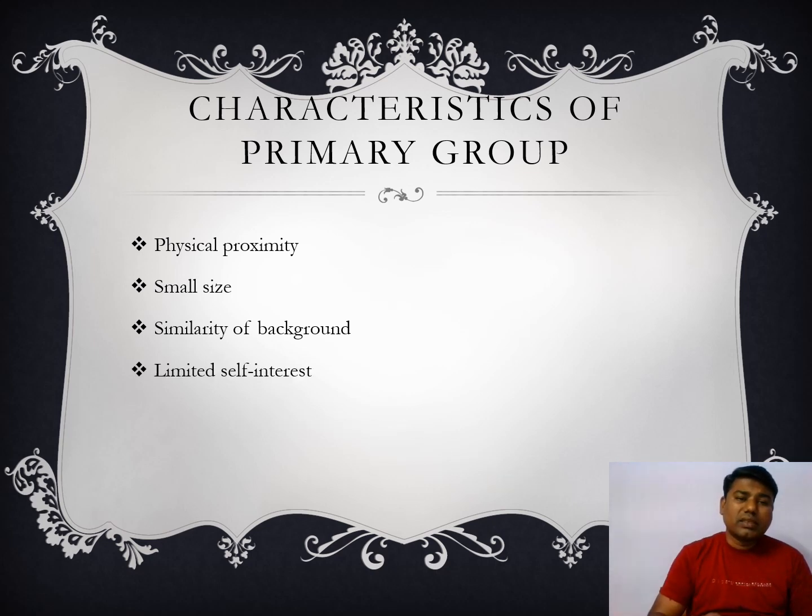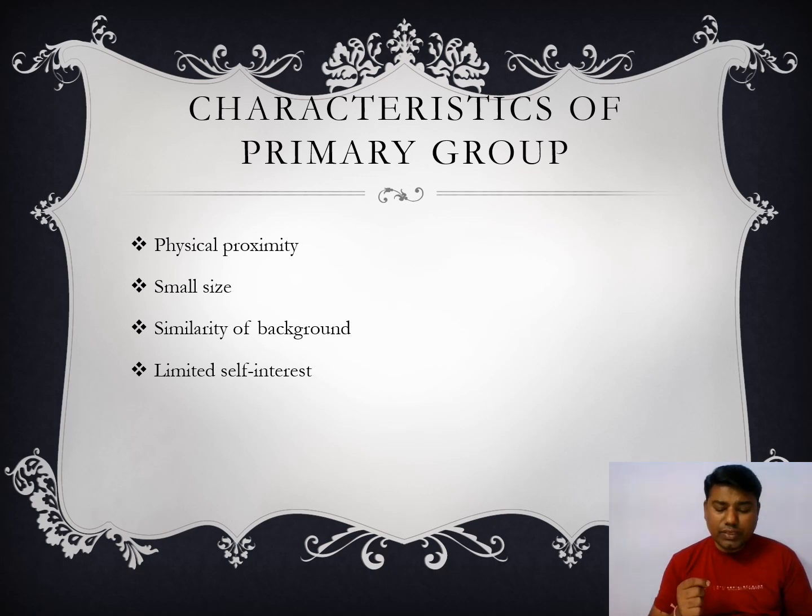Then the next characteristic is limited self-interest. The members of the primary group have limited self-interest. The primary group is not formed for fulfilling the interests of the members. The members of primary group subordinate their personal interest to the group interest.